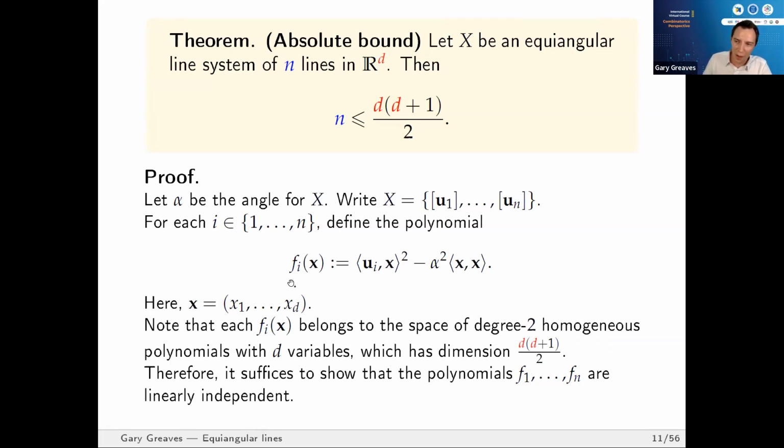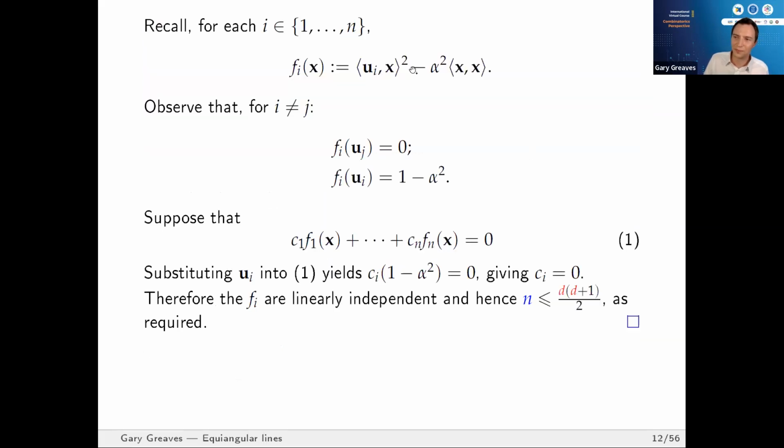And so that will give us an upper bound on the number of polynomials possible, which corresponds to an upper bound on the number of lines possible, since each line corresponds to a polynomial. So that's the main idea. We define these polynomials and we observe that they live in this vector space with the dimension that we want. And so all we need to do is show that these polynomials are linearly independent. Okay? So that's the next thing we'll do.